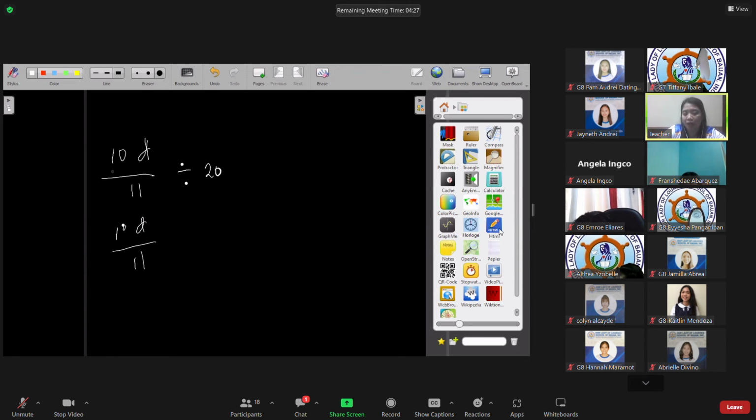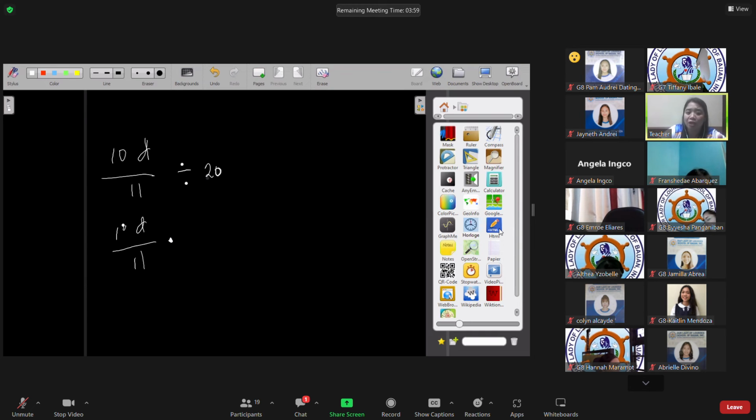So retain, we write as it is. Then multiply by, if this is division, your divisor would be the reciprocal and then proceed to multiplication. So yun lang yung pagkakaiba ng multiplication and division of rational expression. Then same procedure. Then proceed to multiplication of rational expression.